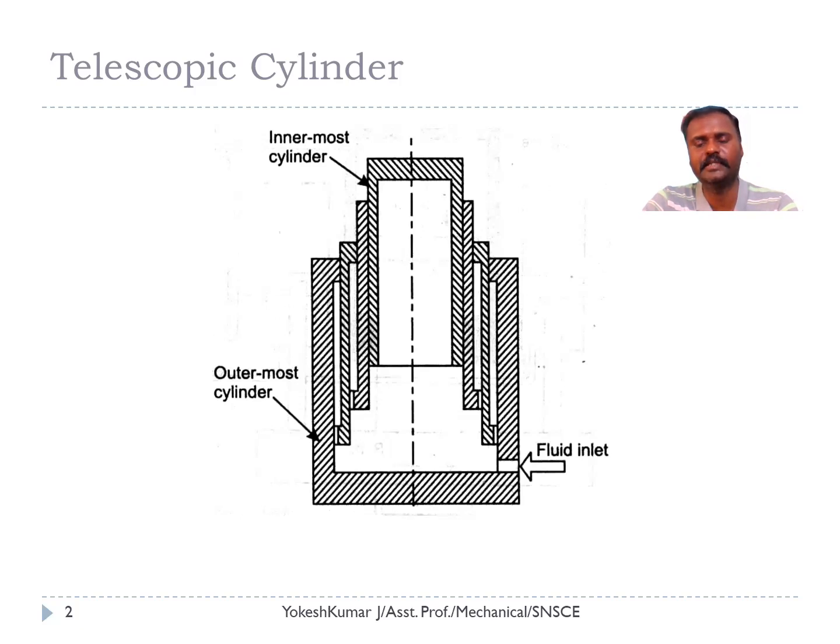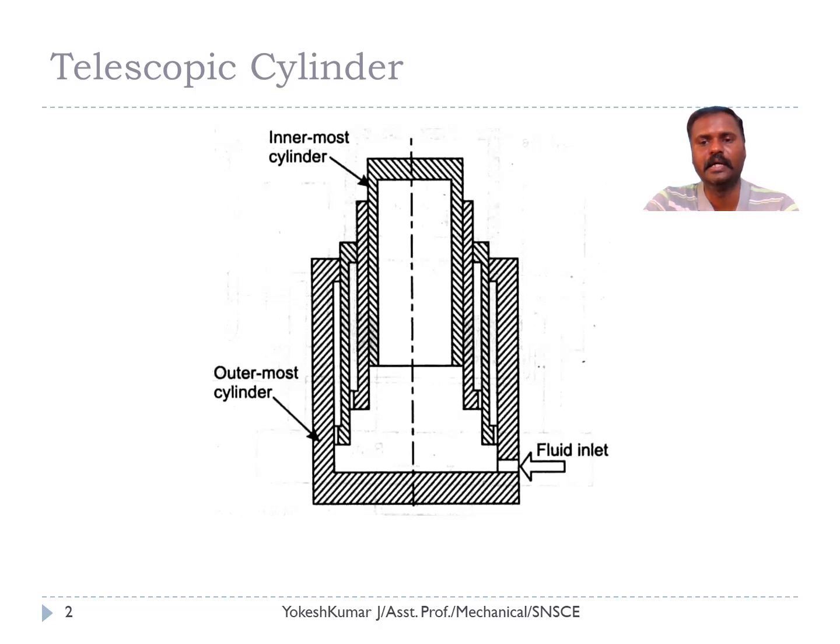When you allow the pressurized fluid into the inlet, it pushes the piston, so the first cylinder comes out. When it reaches the dead end, the next cylinder comes out, and this process repeats for the number of cylinders, and finally the innermost cylinder comes out, which makes the extension.